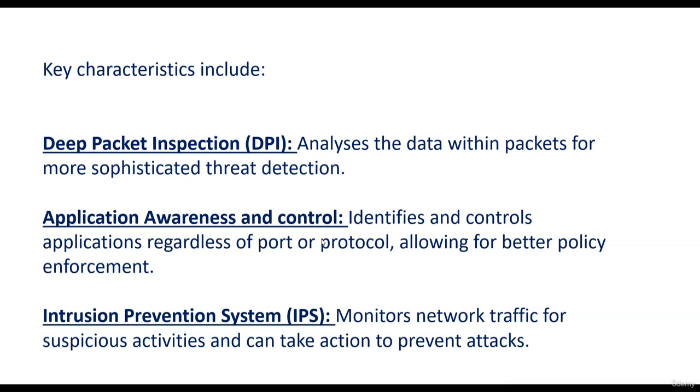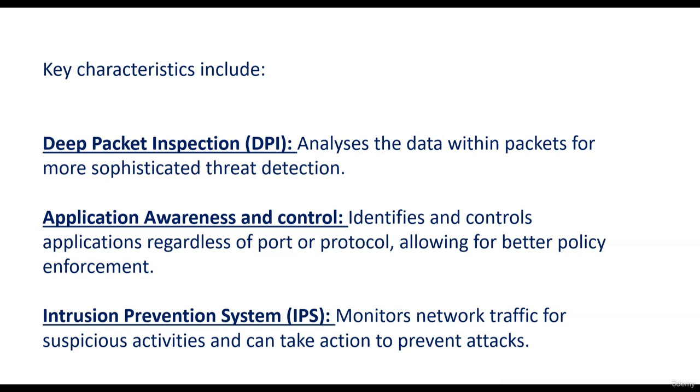So the key characteristics of the next generation firewall are the following. The very first one is deep packet inspection, because if you remember, the legacy network firewall, or the traditional network firewall, works only on layer 3 and layer 4. Like you'll be defining the source IP address, destination IP address, and the destination port number, right?